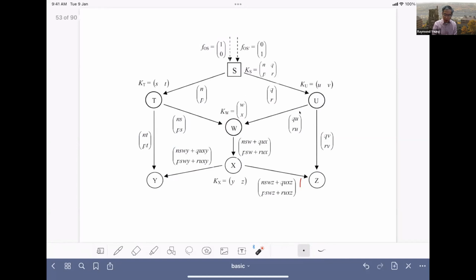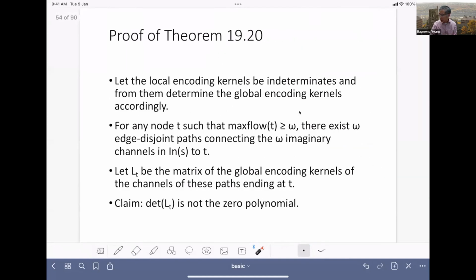But in general, this is a specific example, and I showed that it can be done. But how can you prove the theorem in general?